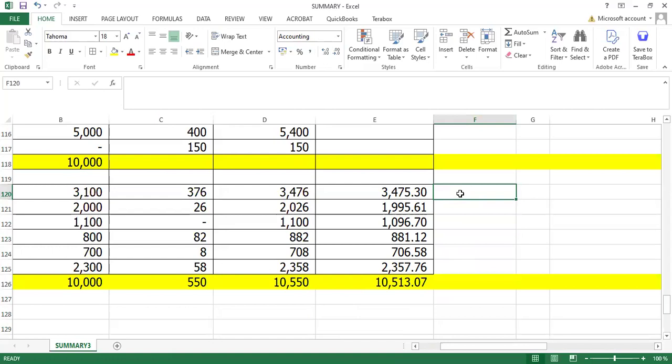Then you can get the variance by simply getting what you budgeted. You budgeted this, but you incurred this.